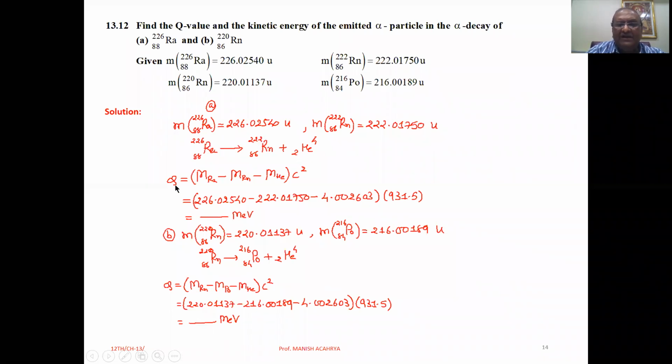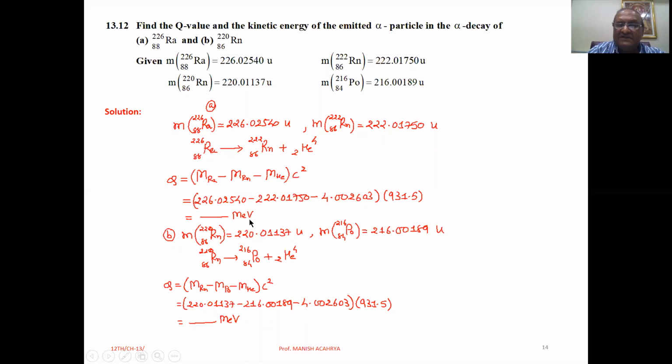So the Q value is the mass defect into c square. So left hand side mass minus right hand side mass. So mass of Ra minus mass of Rn minus mass of He, into c square. All these masses are given to you. Substitute and then directly multiply it by 931.5.